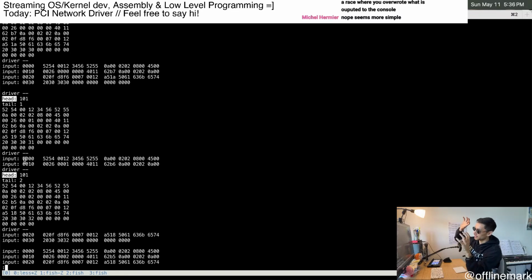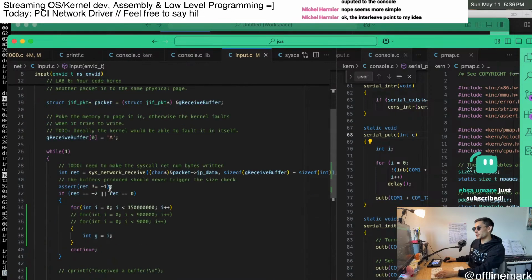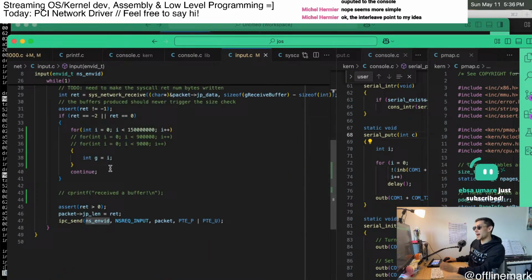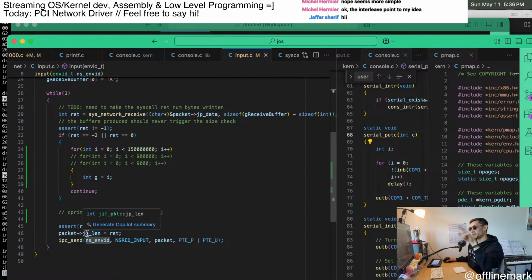Or is that actually true? No, I think that's not true. It would be true if the printing was happening here, in the process that's calling the system call. But the printing actually happens in another process, which is triggered by our IPC message.